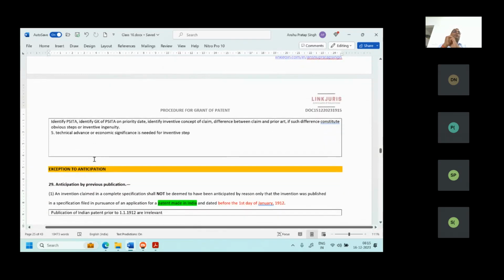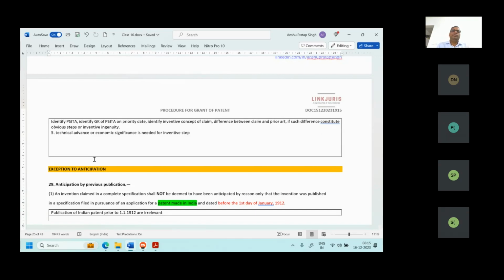Then there is another concept, the person skilled in the art. This is called PSITA. Some will also call it FOSITA. In the UK, it is called FOSITA, that is, person having ordinary skill in the art. Here we have the person skilled in the art, who is of average skill and average genius.